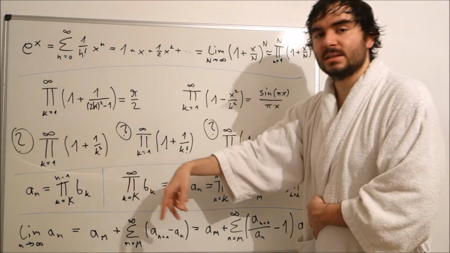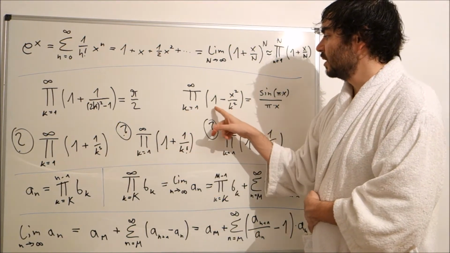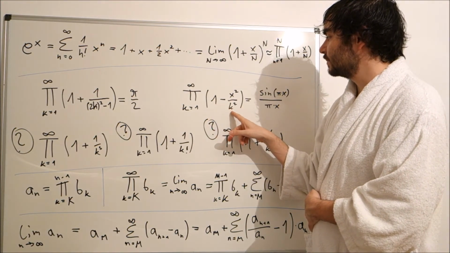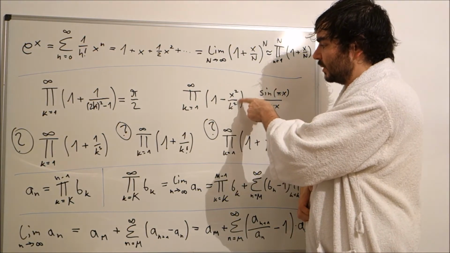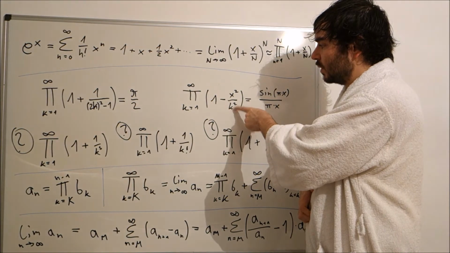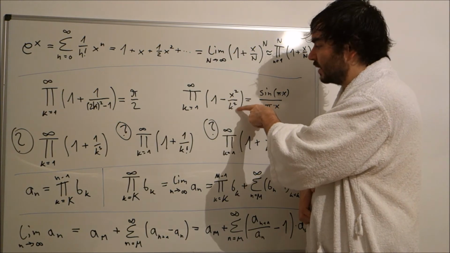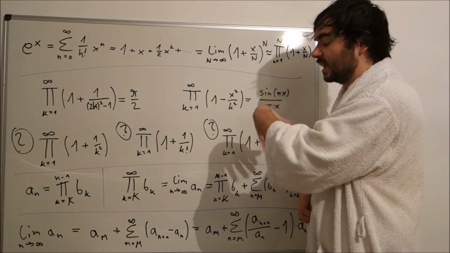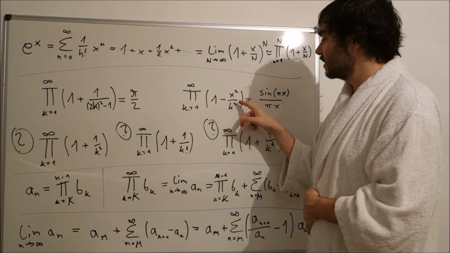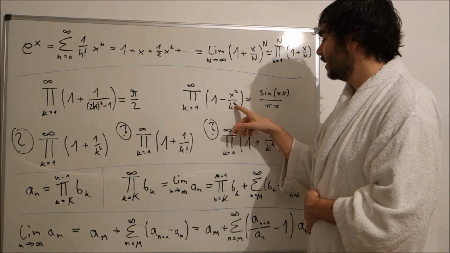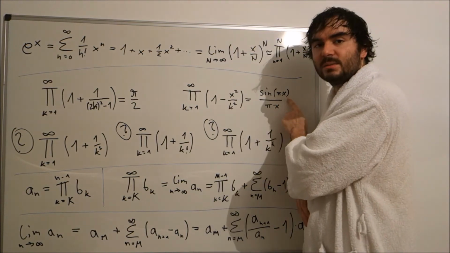It will be 1 plus some expression that is generally small, like this here. Let's say 1 minus... let's say x equals 5, then you have 25 divided by 1, then the next factor 25 divided by 4, 25 divided by 9, and so on. 5 is not a good example because then this expression is 0.